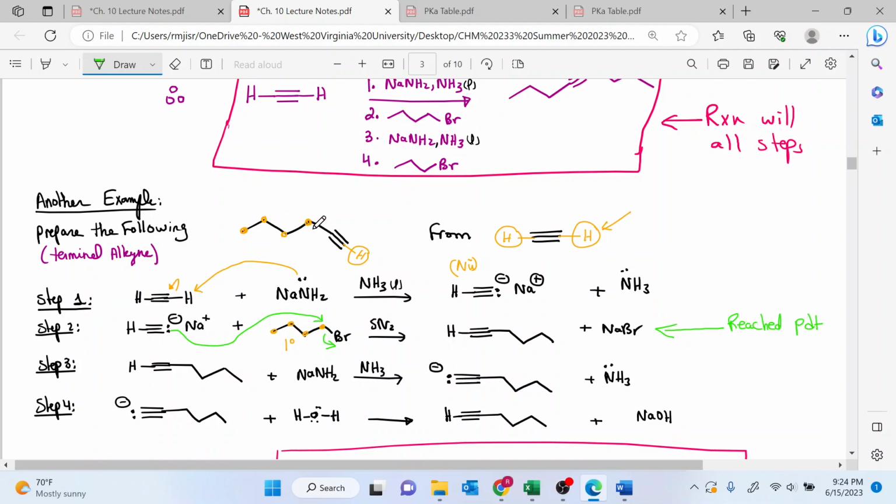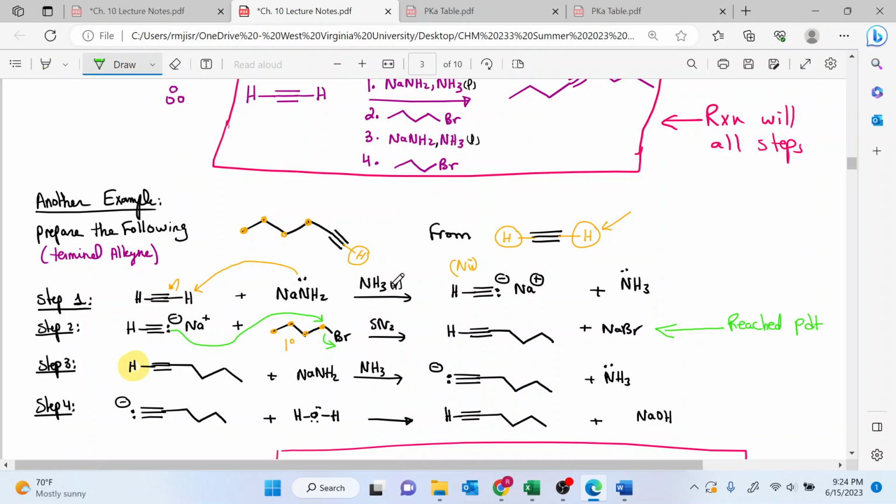But the problem is that my medium is basic. And as we said, the base is going to keep reacting as long as there is an acidic hydrogen. And here I do have an acidic hydrogen, and the acidic hydrogen is over here. Whether I'm using the base in excess or not, my medium over here is the NH3.